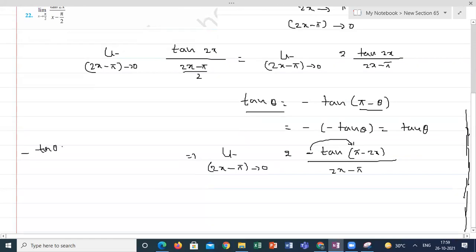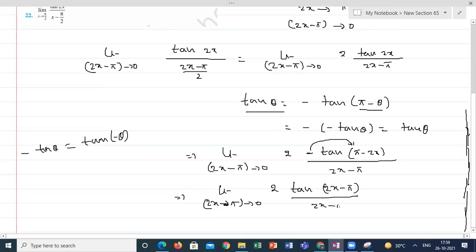Minus tan theta can be written as tan of minus theta. So limit 2x minus pi tends to 0, 2 times tan of (2x minus pi) by (2x minus pi), whose answer is 2 into 1. The final answer is 2.